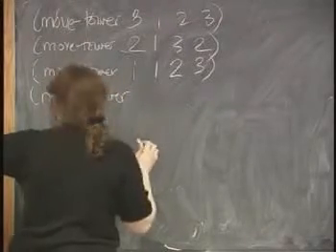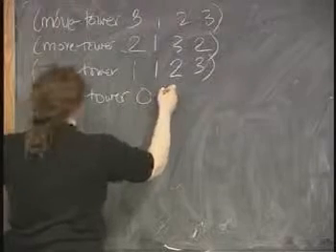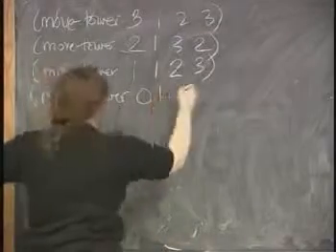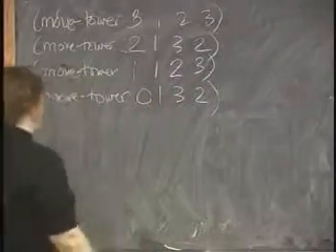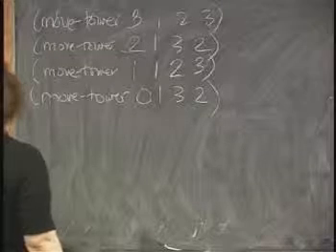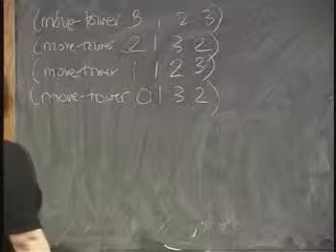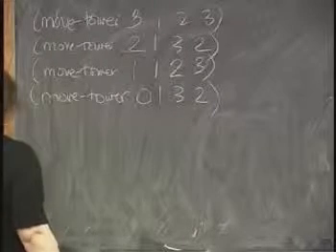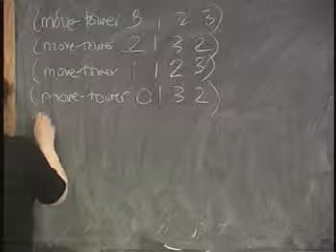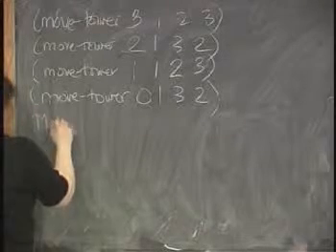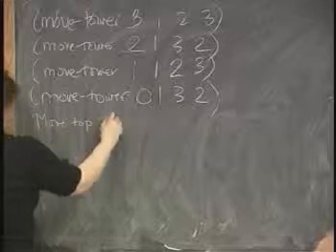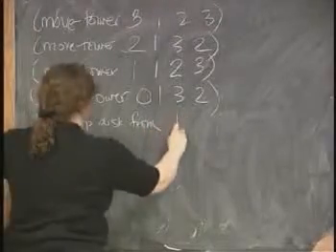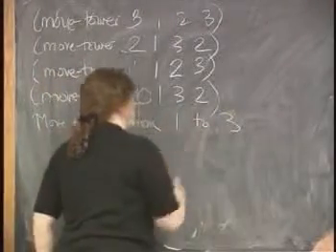Should have picked a smaller number. It's now 0. We return nil. We hit this next statement. We print move top disk from 1, 2, 3.